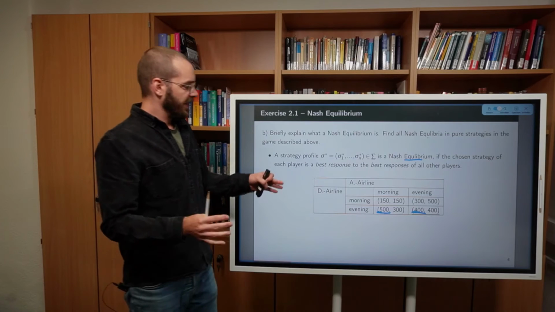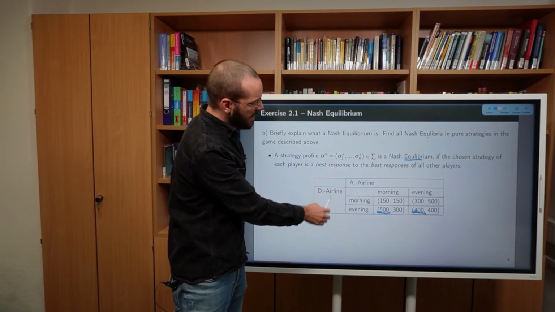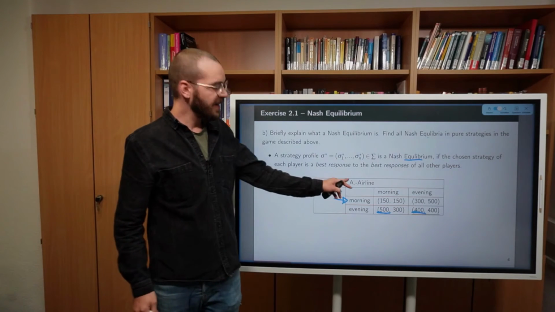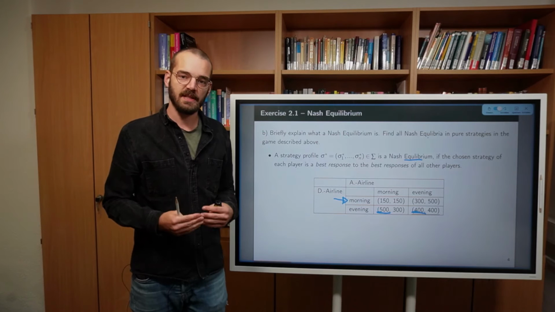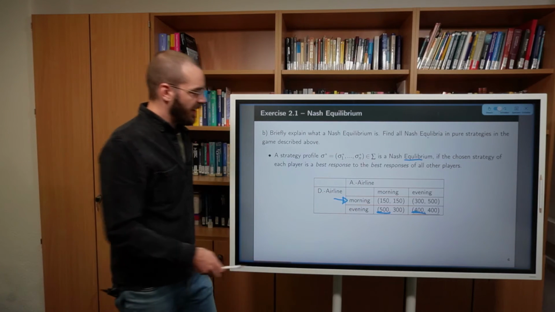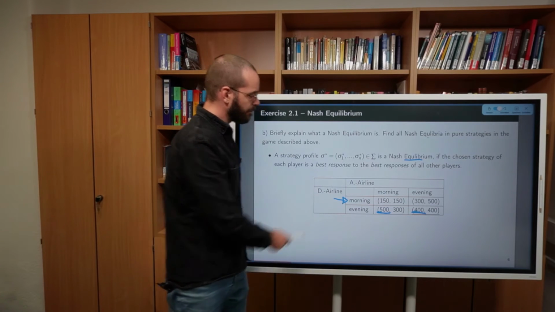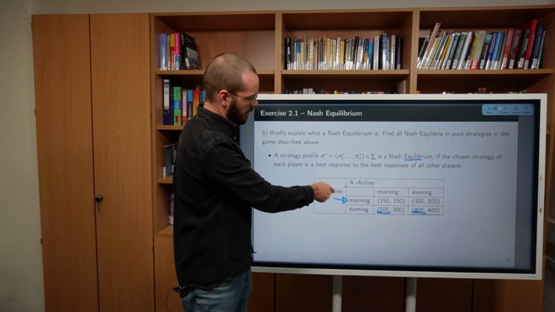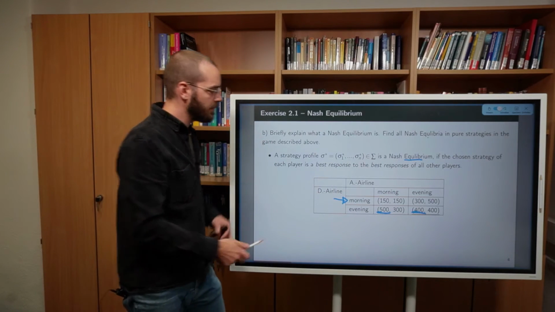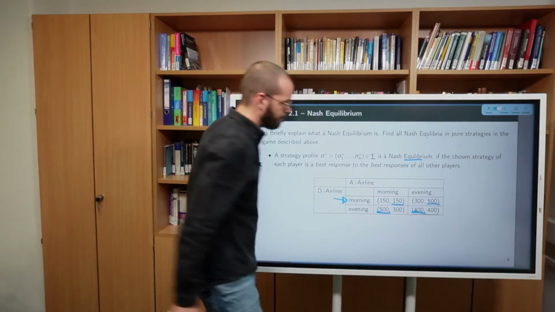So again, let's start by assuming that the D airline is playing the strategy morning, and let's find out what the A airline's best response is towards this strategy. So we are now looking at the payoffs written in the upper row of this matrix. And because A airline is the second player, the player written in the columns, we are now comparing the second value of each tuple.